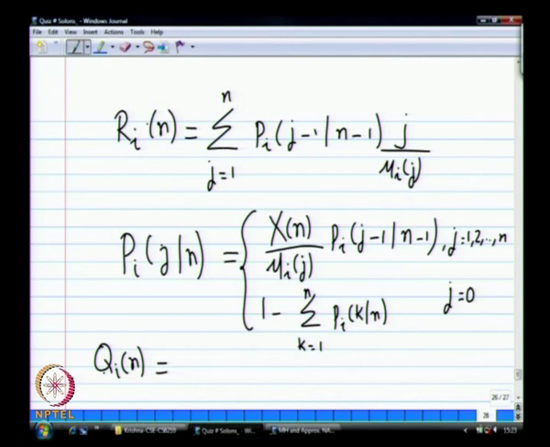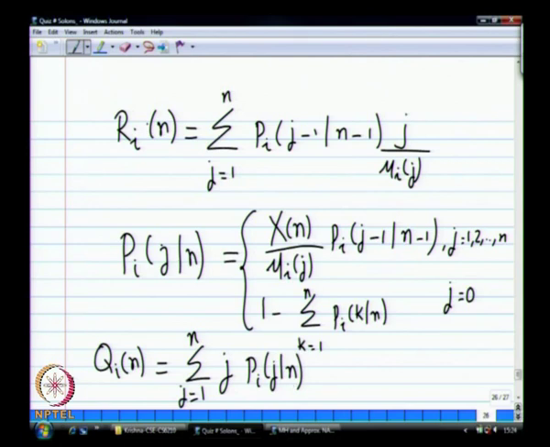And then Qi of n. So what will be Qi of n? Should I write it down, or can you just tell me what that is? What is the probability of i customers in this queue when there are n customers in the system, what is the average number of customers at Qi? Sigma over j from 1 to n of j times Pij.